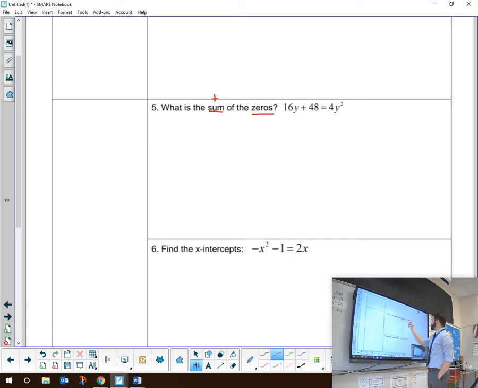So what I'm going to do is I'm going to move this 16y and this 48 over to this other side. So here's my equation now. I have 0 equals 4y squared minus 16y minus 48. Okay, equals 0. Of course, we could even write that equals 0 on the other side.